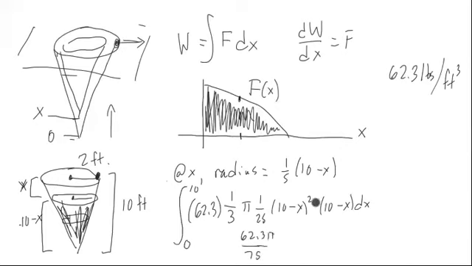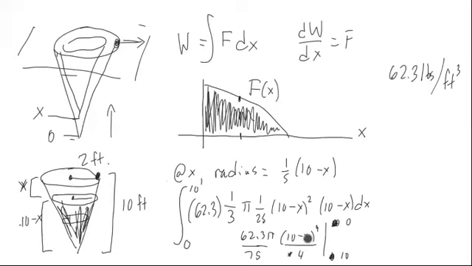I'm going to have 10 minus x cubed, and then an antiderivative would be 10 minus x to the 4th over 4. But also because we have a negative in here with the u substitution, we're going to be dividing by a negative. And we're going from 0 to 10. This negative will allow me to get rid of it and reverse these limits, so I have 0, 10 like that.